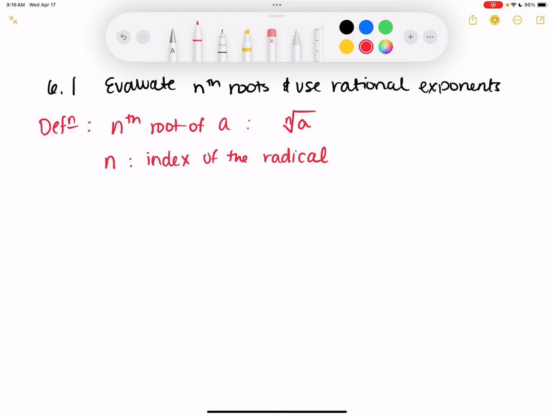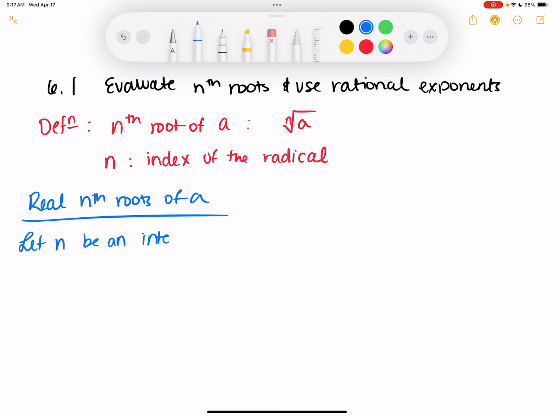All right, real nth roots of a. Let n be an integer, n greater than 1, and let a be a real number.